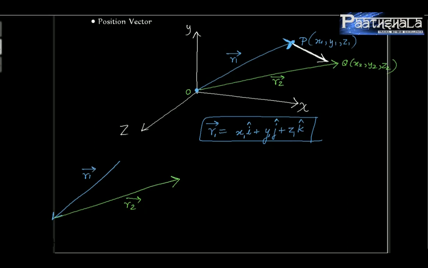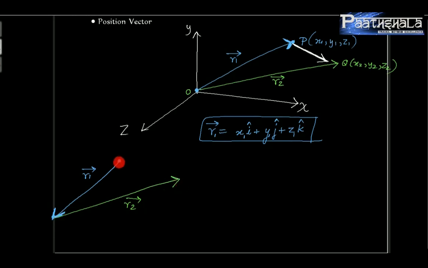Getting it? Right. Okay. So according to the triangle law of vector addition, you tell me, this is the tail of vector r1, this is the head, right? And for vector r2, this is the tail. For vector r2, this is the head of vector r2, correct?